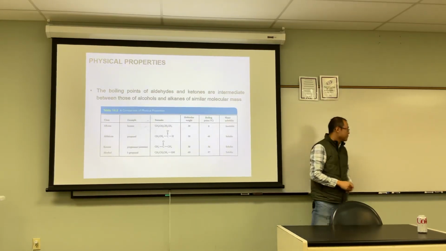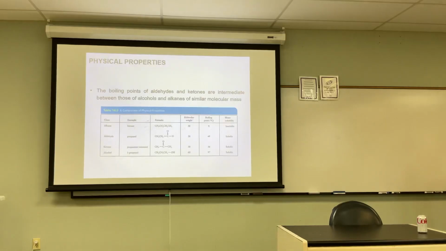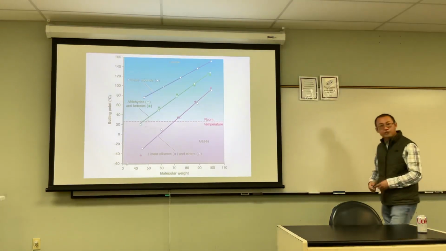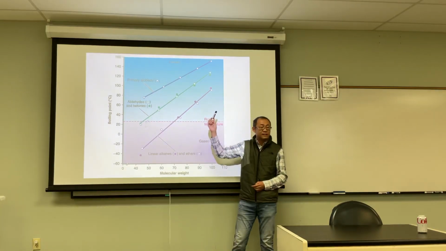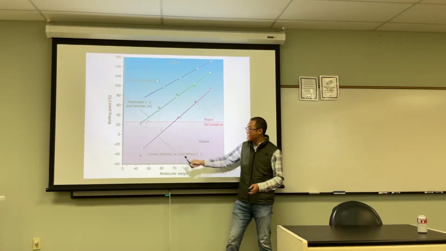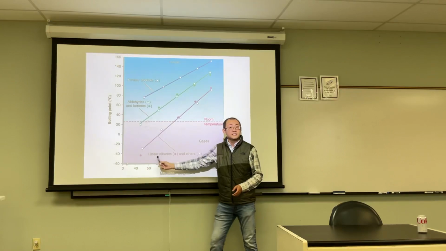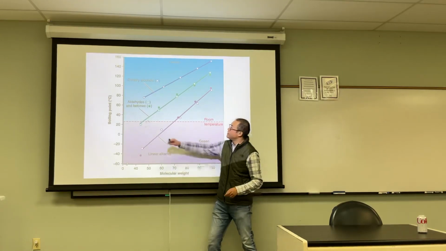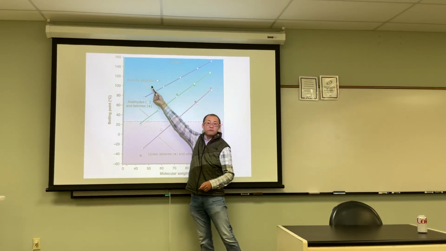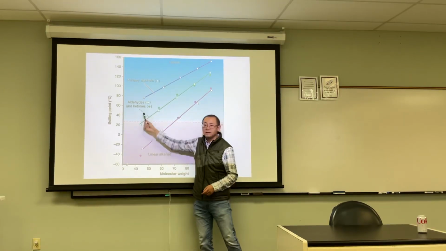This chart is also useful. Now we have an extra line. If you remember the chart from chapter 3, the bottom line is hydrocarbons and ethers, since ethers are close to hydrocarbons. The top line is alcohol. And the middle line is aldehyde.